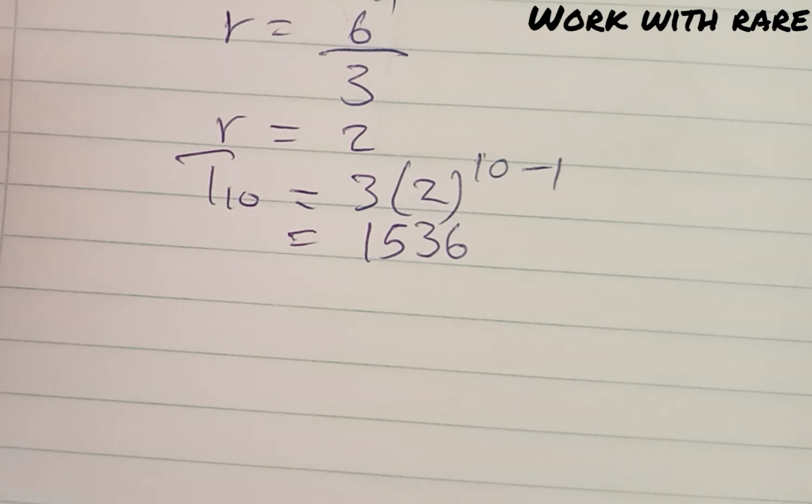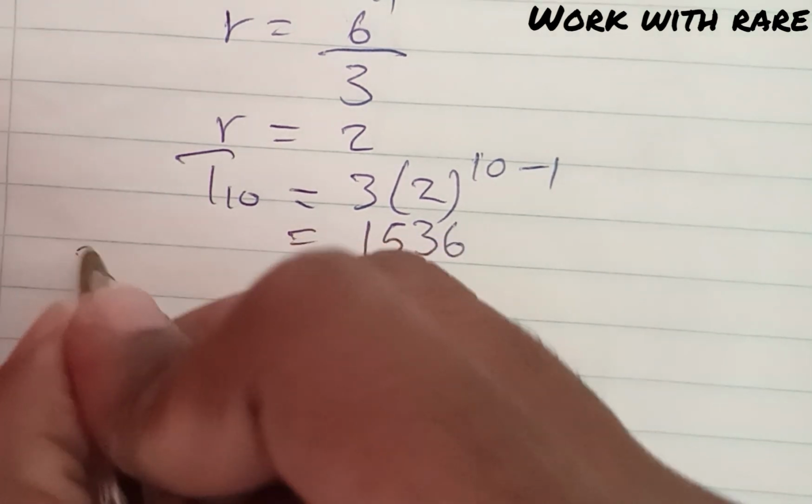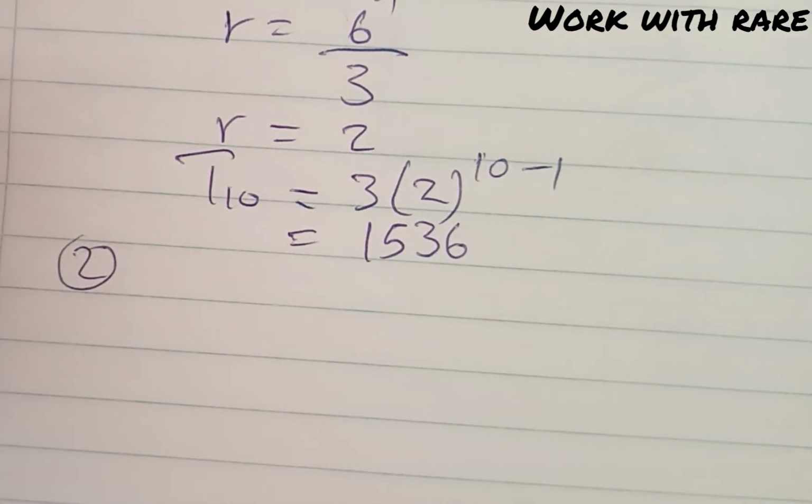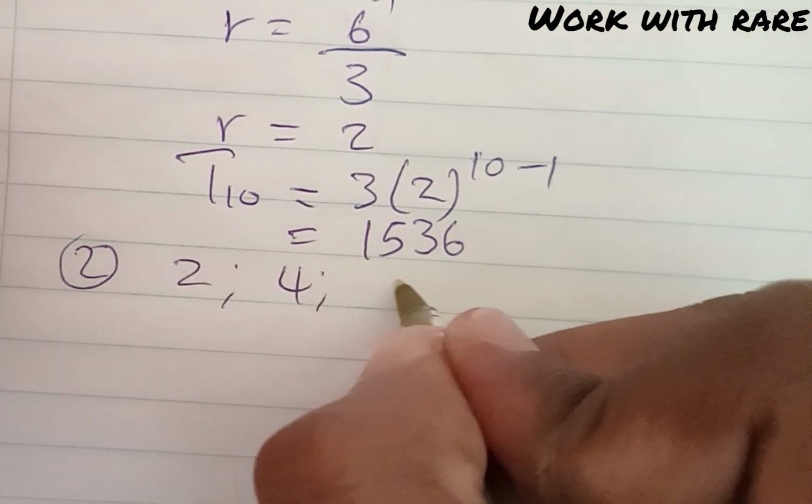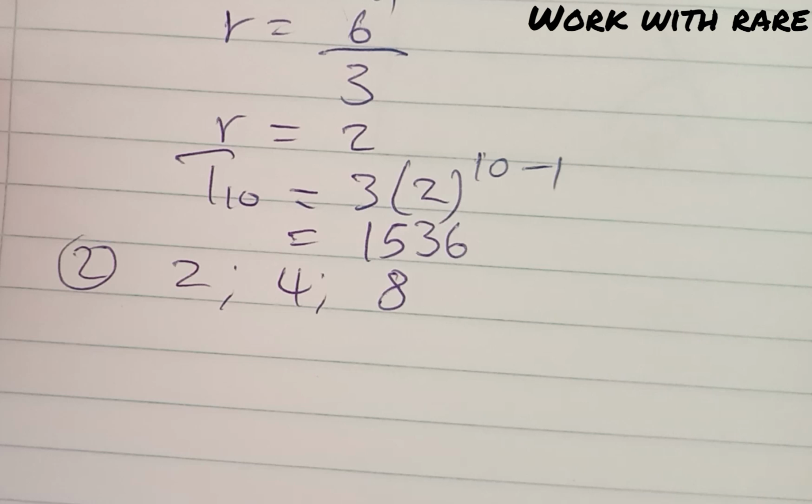On the second question, it says determine the number of terms, and we have this sequence. Remember, this is number 2. We are given the sequence 2, 4, 8, okay? So they said determine the number of terms, 2, 4, 8 is our pattern, equals 1024, okay?